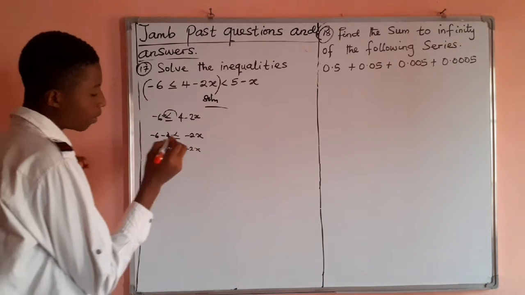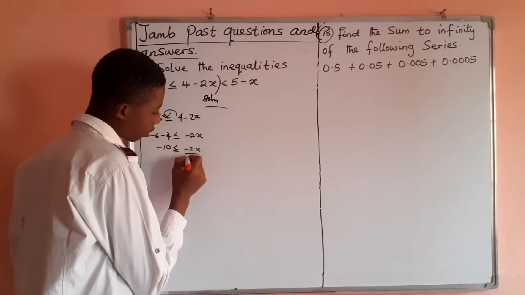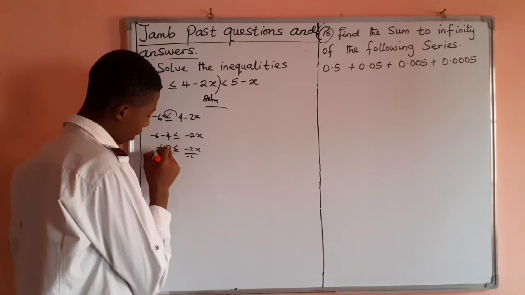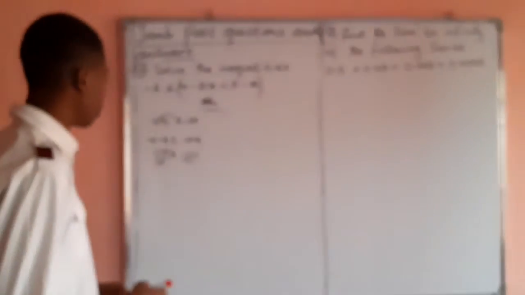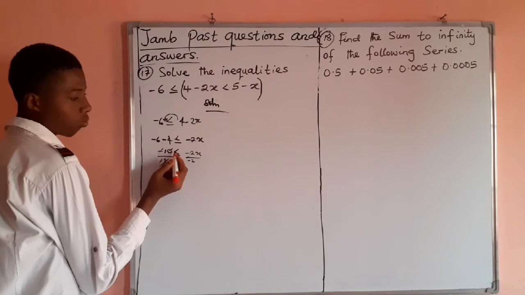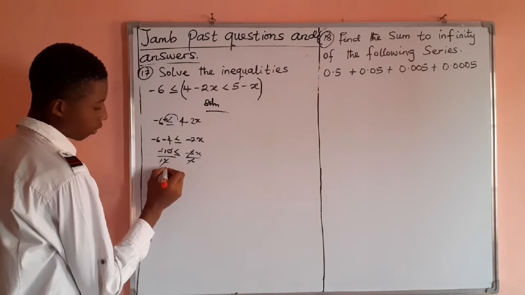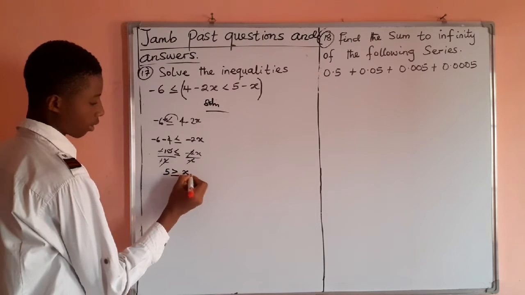We divide both sides by the coefficient of x, which is minus 2. Minus cancels minus, and we know that whenever we divide by a negative, the inequality changes. So minus 2 cancel minus 2 gives us 5 is greater than or equal to x.